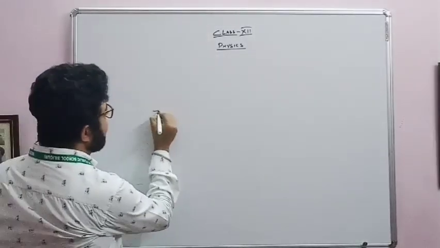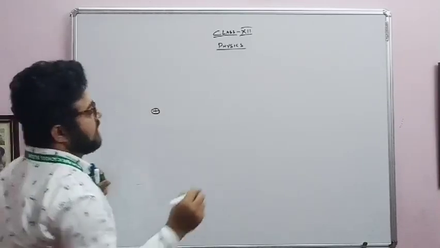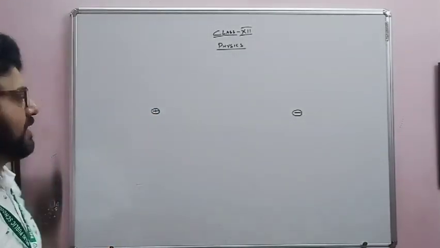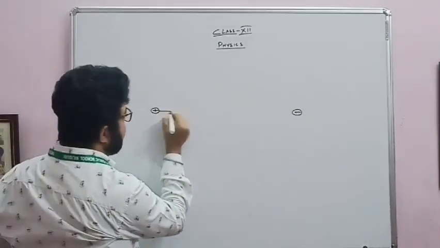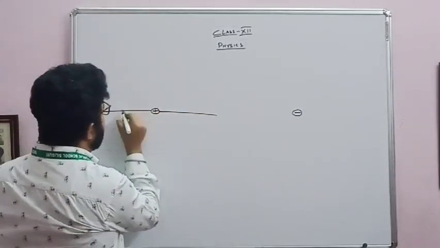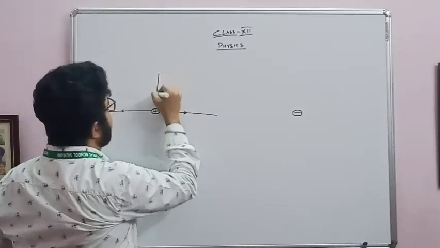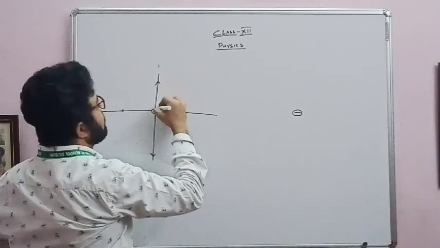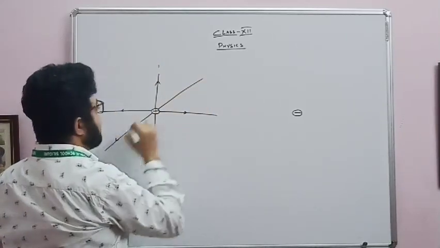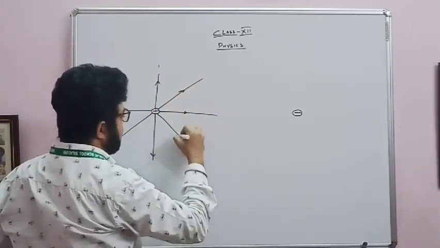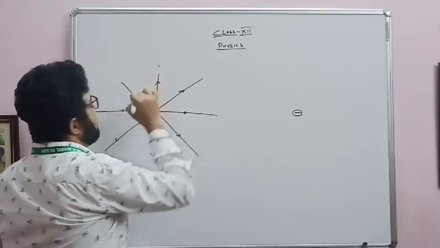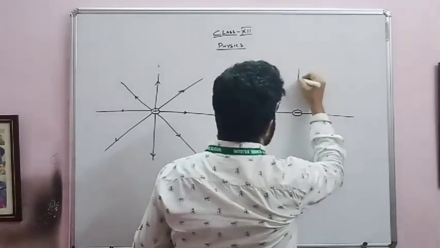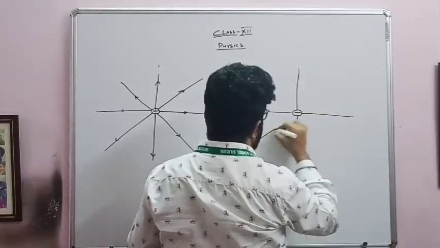So suppose we have a positive point charge particle and a negative point charge particle. For the positive point charge particle, the direction of electric field lines is moving away, meaning it will appear to start from it. Now for the negative one, it will be moving towards the charge particle.